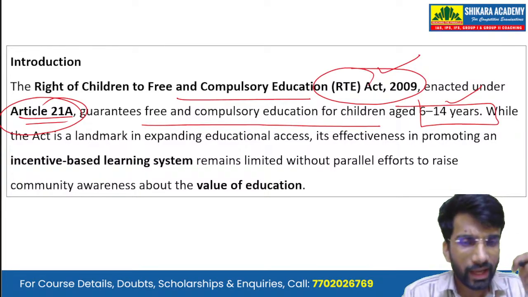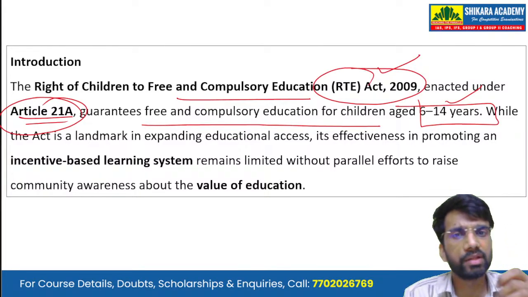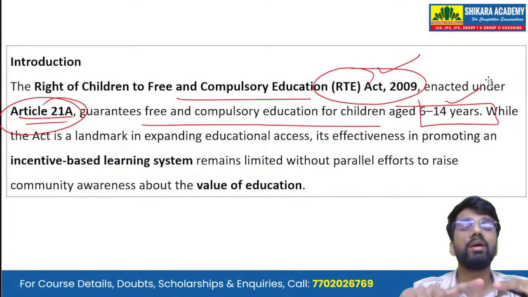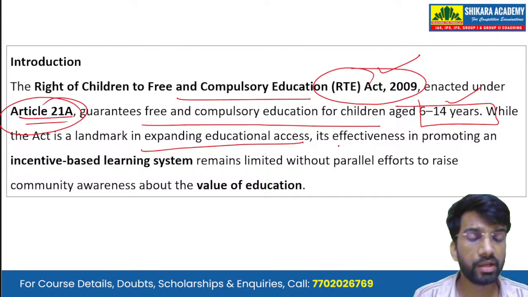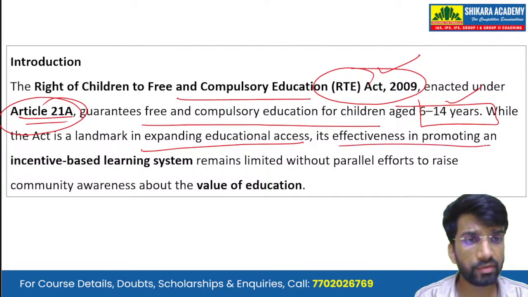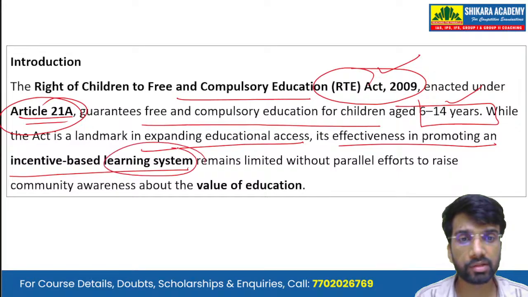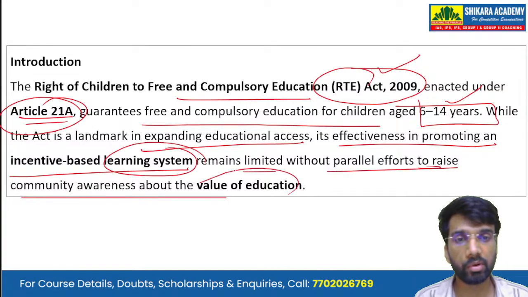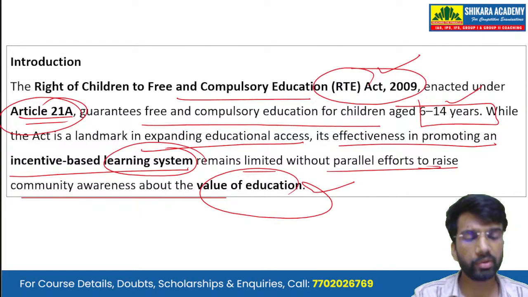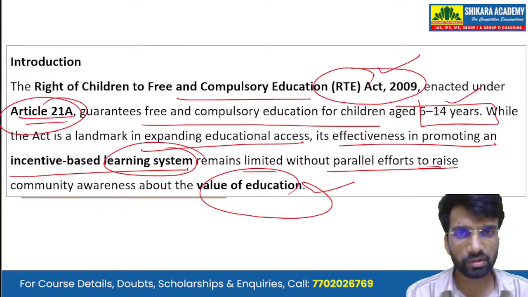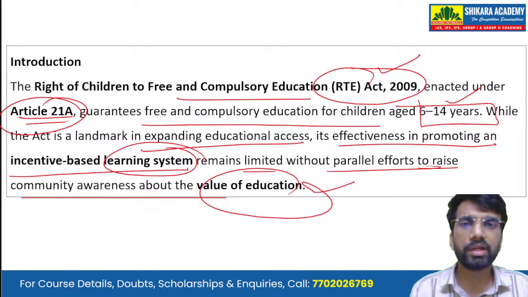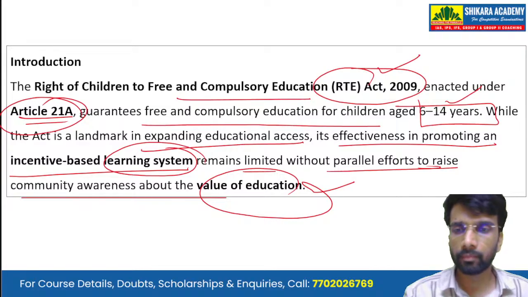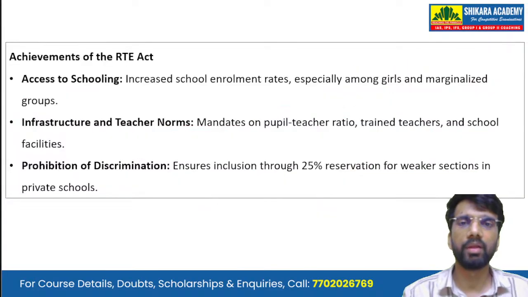While the RTE Act itself is a landmark in expanding access to education, its effectiveness in promoting an incentive-based learning system remains limited without parallel efforts to raise community awareness about the value of education. So it has faced certain challenges, and it has not been able to effectively promote the incentive-based learning system.